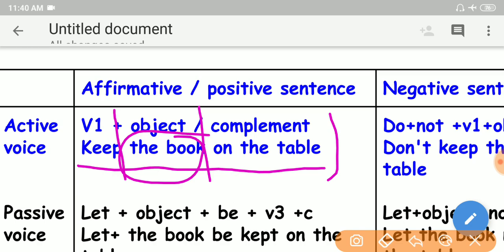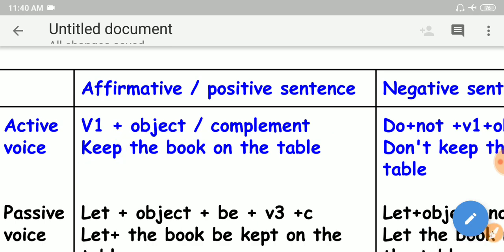So while converting from active into passive, if the object is a non-living thing or animal, then generally we use let. If a person, especially a human being, is there, then we must change the formula or word order. The rule should be changed if we have human beings in the object position, my dear friends.